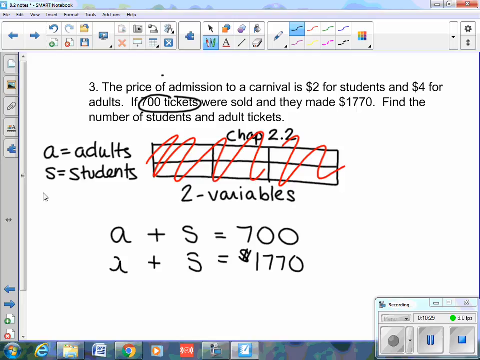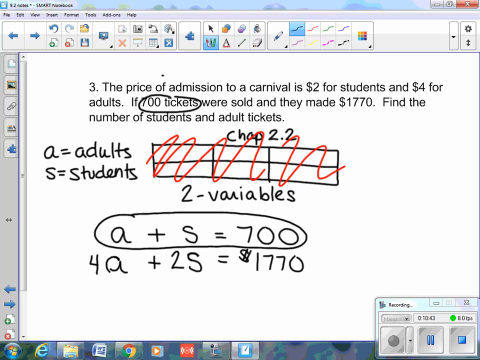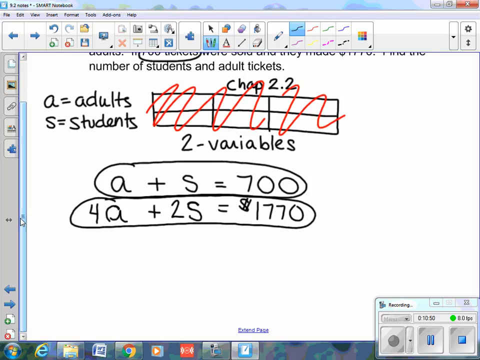What they did is they sold adults tickets for 4A and they sold student tickets for 2S. So this stands for how many tickets were sold. This stands for the price of the tickets. Again, don't we have two equations and two unknowns?